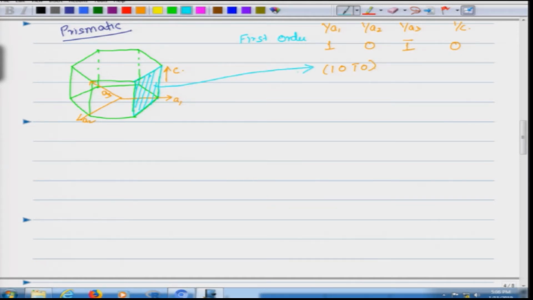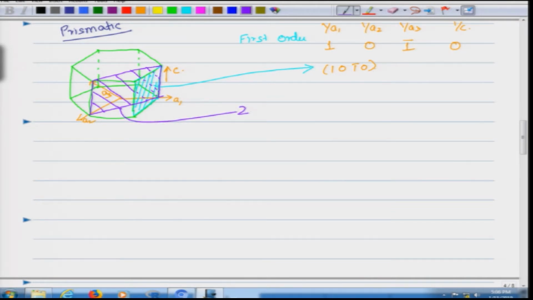Now, let us draw another plane which is called the second order prismatic plane, and it is this one. All these prismatic planes are parallel to the C direction. Okay. So, now again look at this.